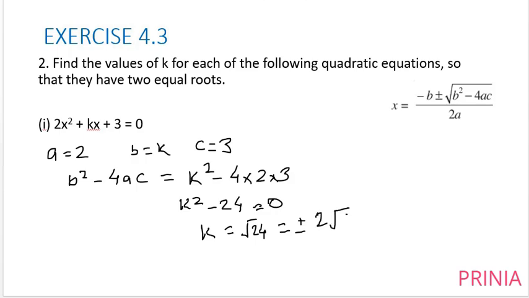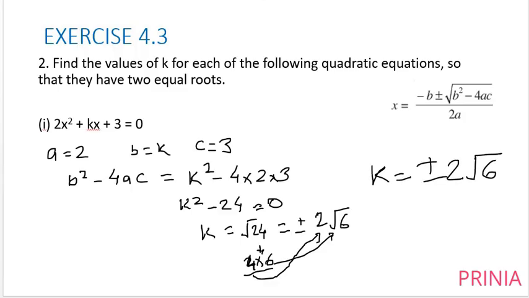The square root of 4 is 2 and the square root of 6 is root 6, so k is equal to plus minus 2 root 6.